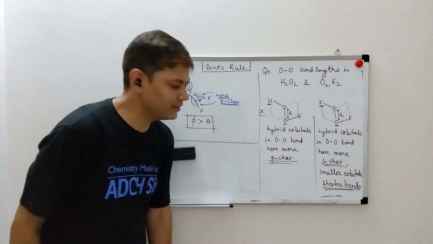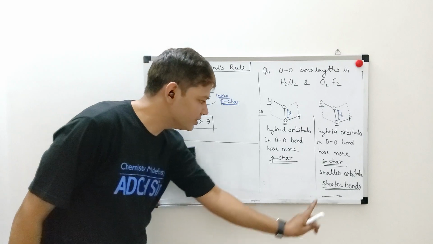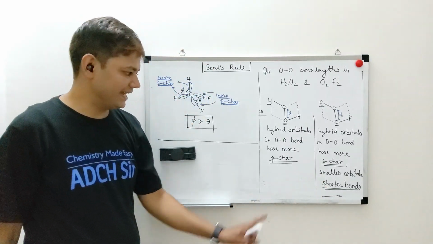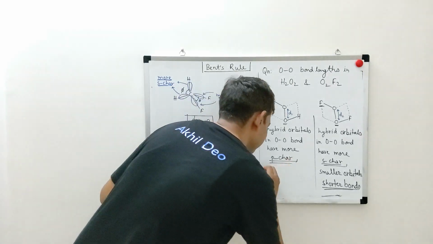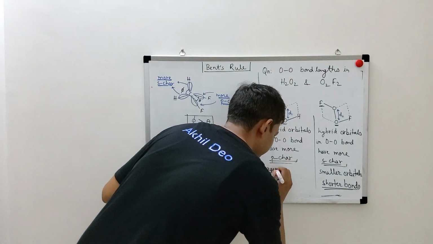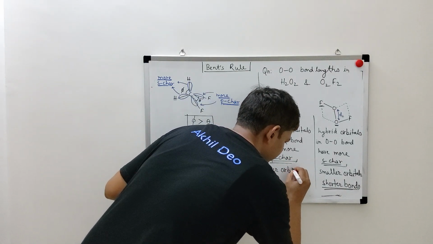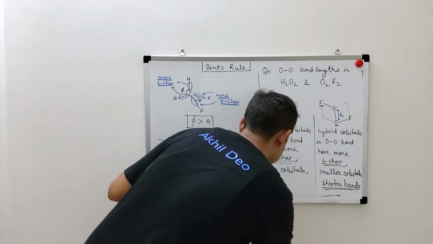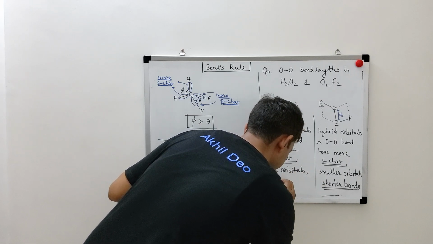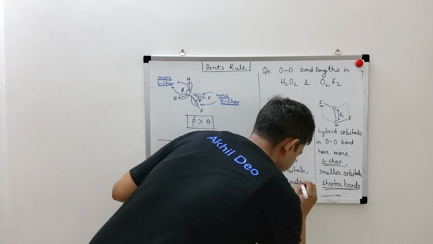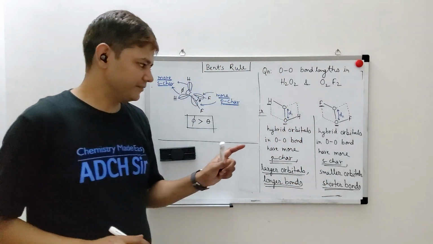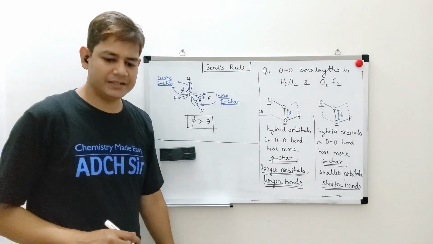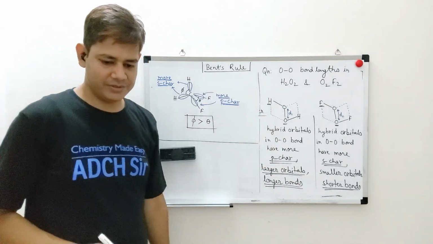More S character, smaller orbitals, shorter bonds. And more P character, larger orbitals, longer bonds. So this is a very typical example illustrating Bent's rule.